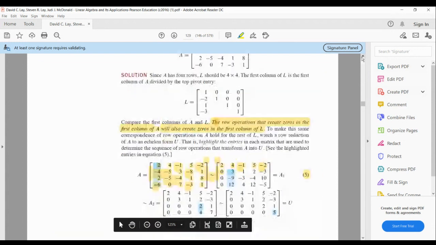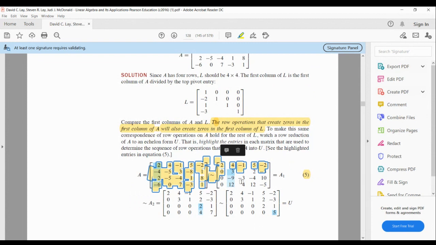If we go back here, look now at the second column. You have a 3, a -9, and a 12. To produce the second column of the lower unit triangular matrix, what are you going to divide by?